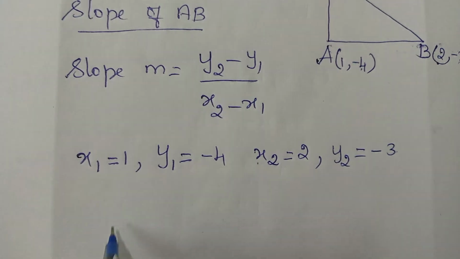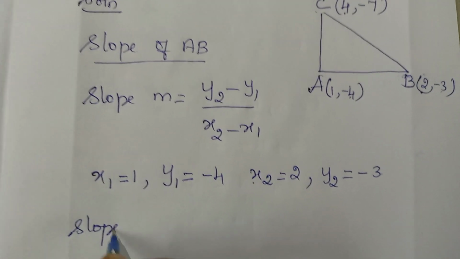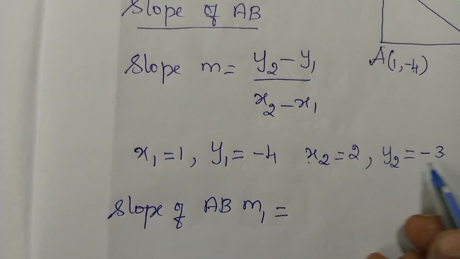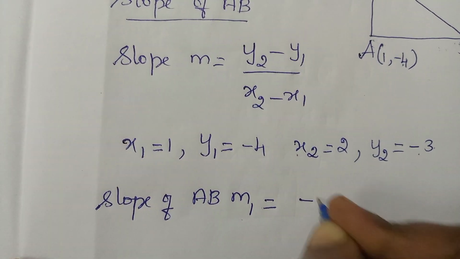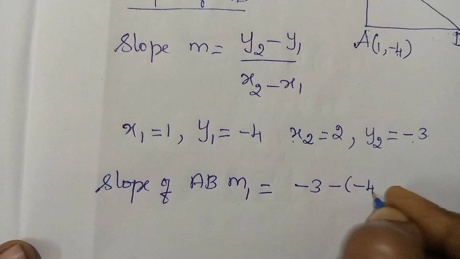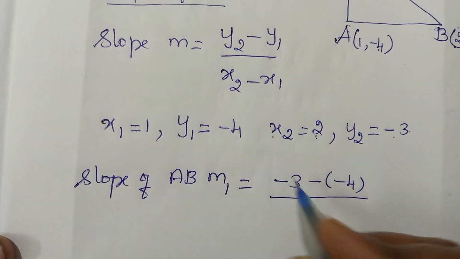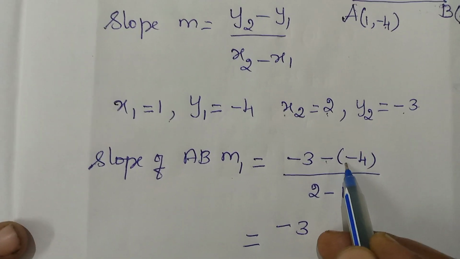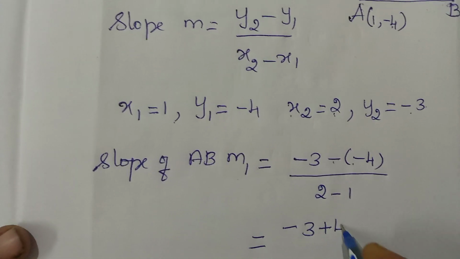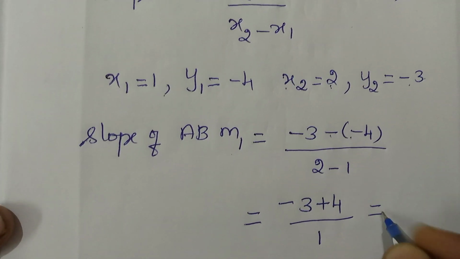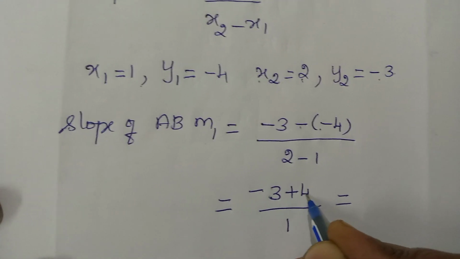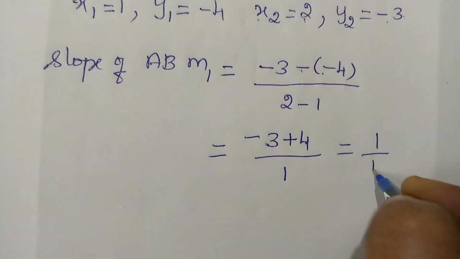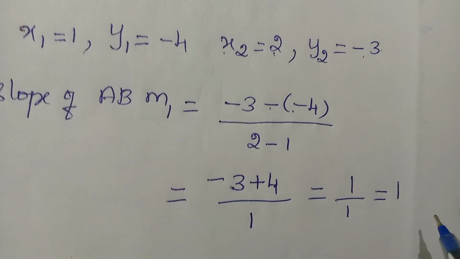So slope of AB, m1, is equal to y2 minus y1, that is minus 3 minus minus 4, divided by x2 minus x1, that is 2 minus 1. Minus into minus is plus, so 4, and 2 minus 1 is 1. That is minus 3 plus 4, which is 1, so 1 by 1 is equal to 1.